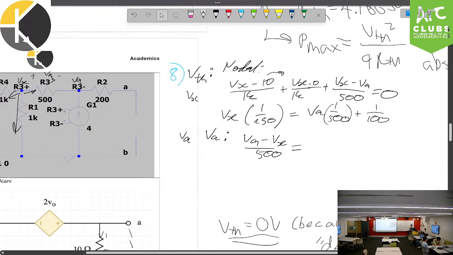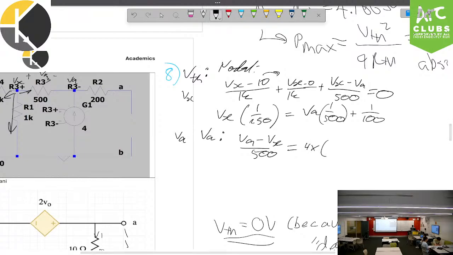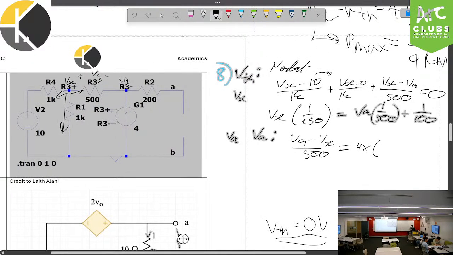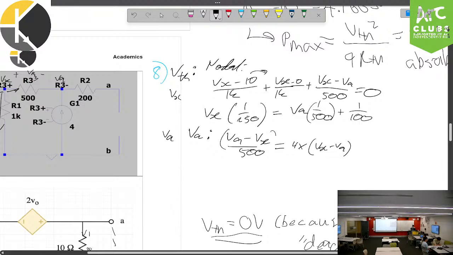It equals the current coming in, which is because of the dependent source: 4 times Vx minus Va. This gives a very interesting result, because both terms are in terms of Vx minus Va, and therefore the difference has to be 0.